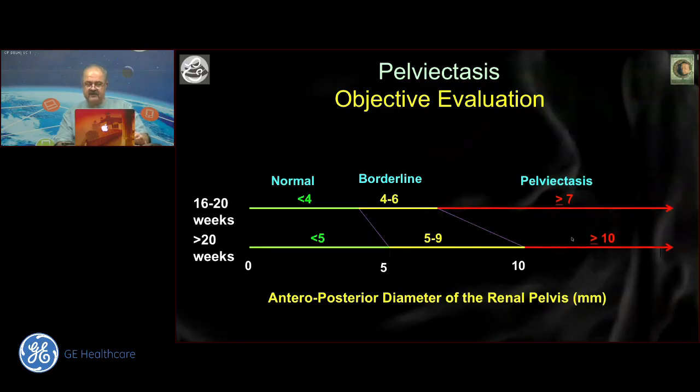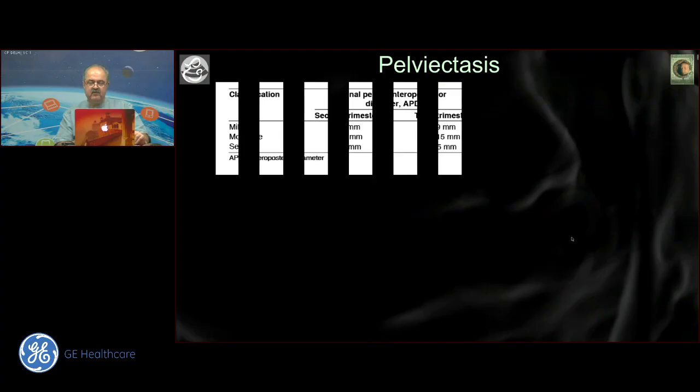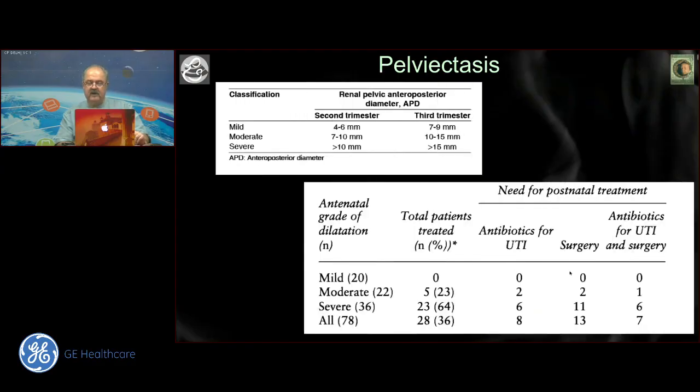And this was based on the fact that if you use the 10 millimeter cutoff, which we've used for many years, we do realize that most of them would require no treatment, no antibiotics for UTI, no surgery, etc., if they were less than 10 millimeters. But this was older data.